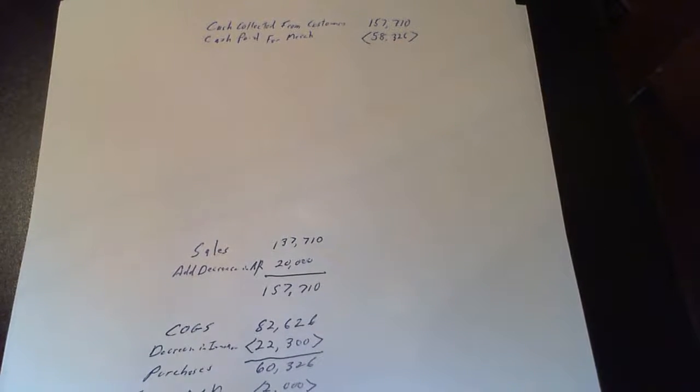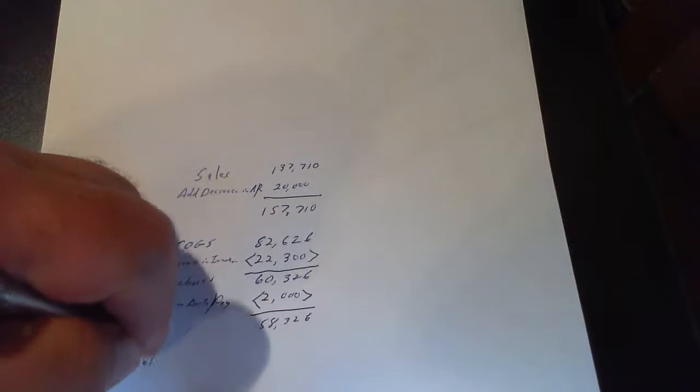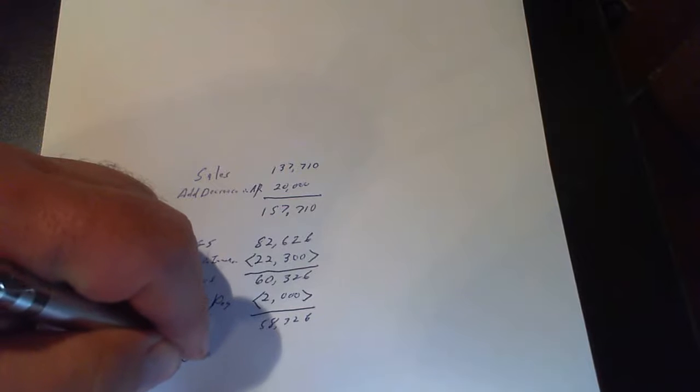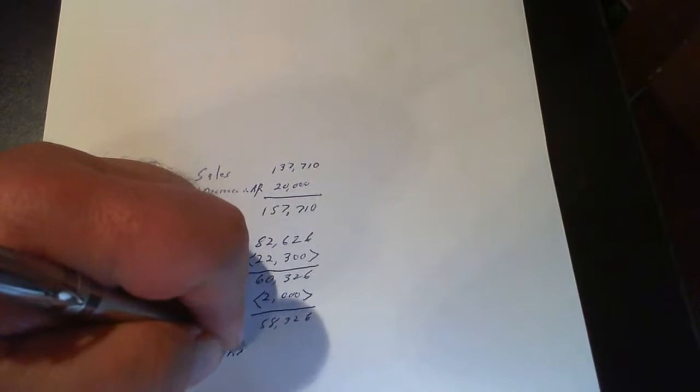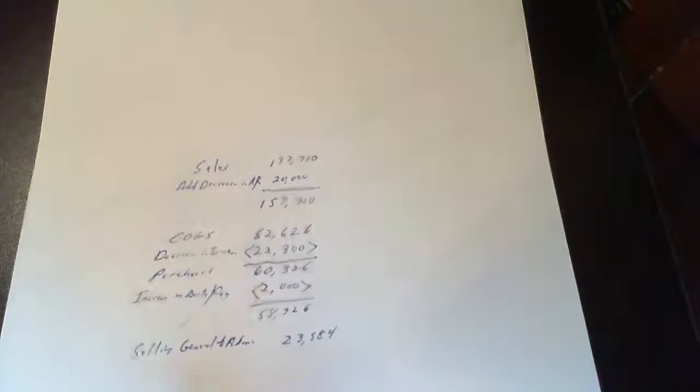All right, the next one comes from cash paid to other suppliers. We've got selling, general, and administrative expenses, and that is 23,584. Then we have prepaid expenses, and the one that we have there is the prepaid rent.